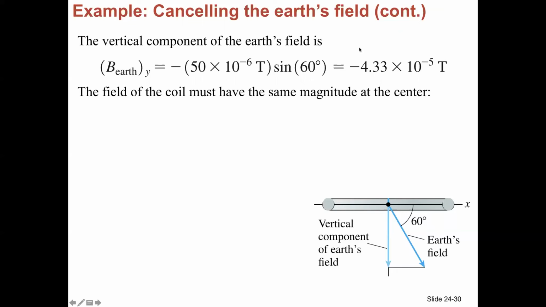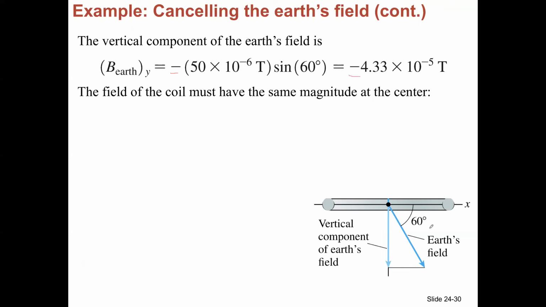So this vertical component that Dr. Krochmal is trying to cancel out is going to be 4.33 times 10 to the minus 5 Tesla, so 43 microtesla. In the northern hemisphere, the field points towards the ground, so we'll say that that's the negative direction, and we'll put on a negative sign there. So that's where this negative sign comes from, and this one here.